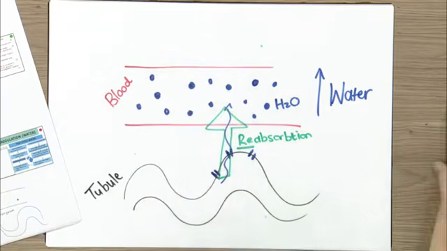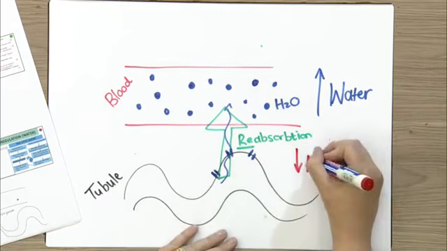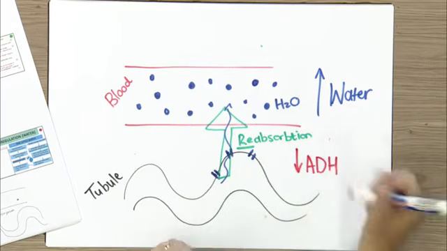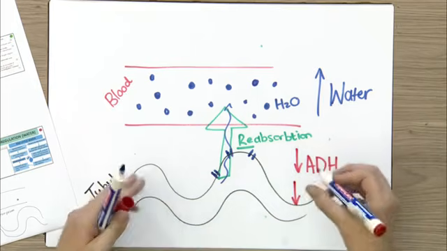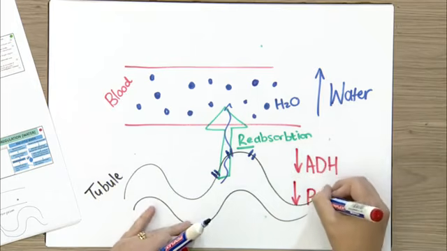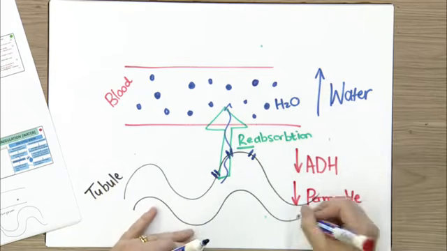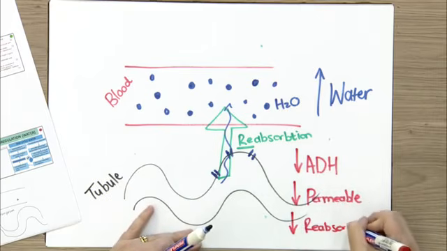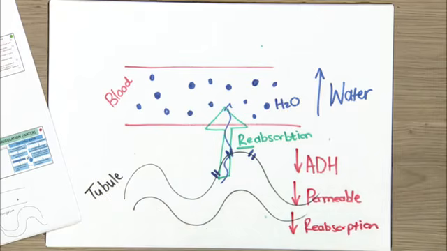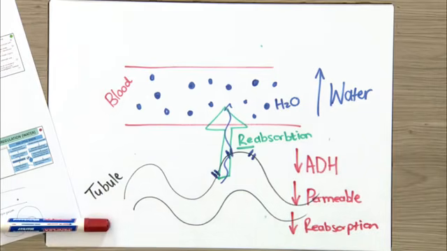So the only way to help is for your body to release less ADH. If there's less ADH, it makes these walls less permeable, and if they are less permeable, there's less reabsorption.